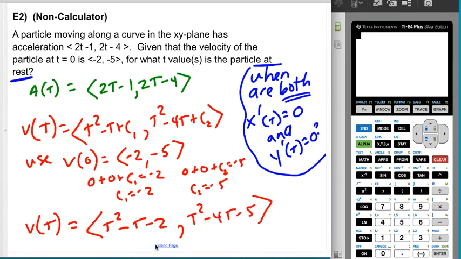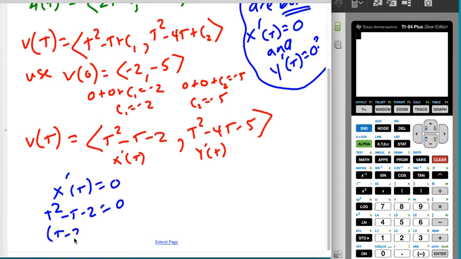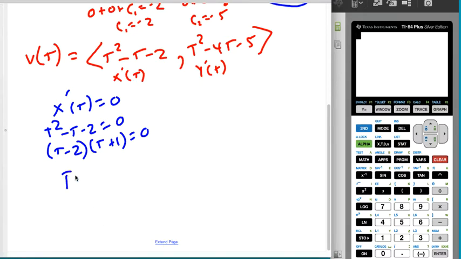Well, I need to find when these things are equal to 0, and I want the time or times when they are both equal to 0, right? So x prime of t equals 0 when t squared minus t minus 2 is 0. That factors into a t minus 2 times a t plus 1. So the two times I get are t is 2, and t is negative 1. Right?